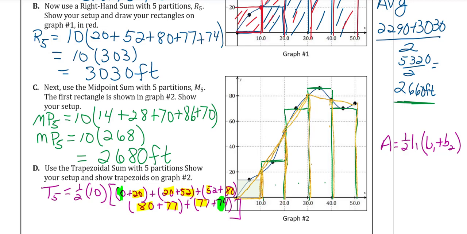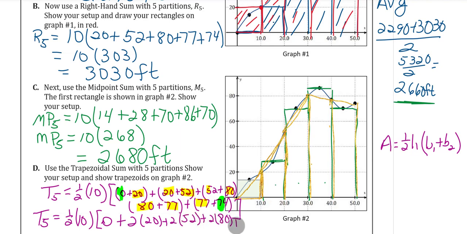So if you want to set this up, you can write it this way as a first step: 1/2 10 times, and then you have, you wouldn't write the 0, but 0 plus 2 times 20 plus 2 times 52 plus 2 times 80 plus 2 times 77 plus 74. You can do it that way because trapezoids always work out that way.